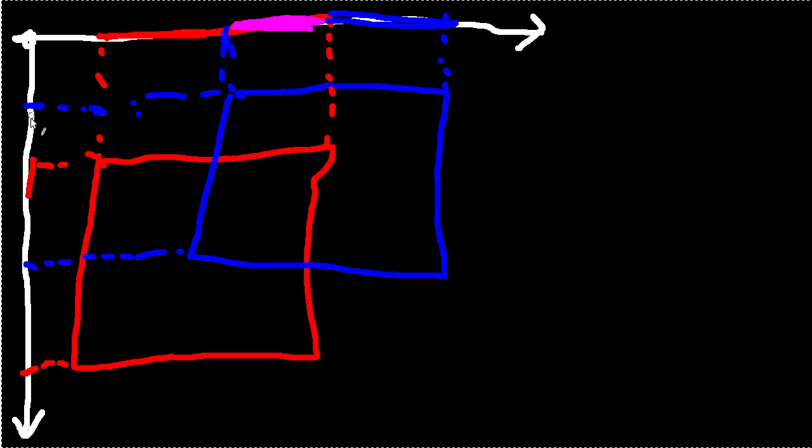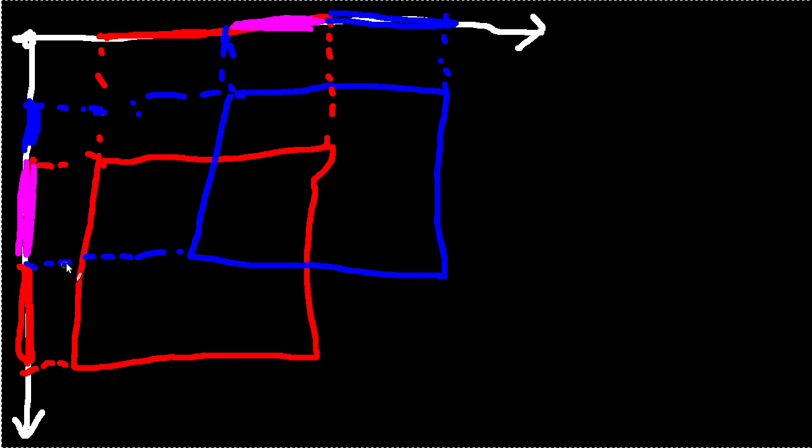That's the blue region. This is blue. This is red. And they combine to make magenta. Those overlap here. So with collision detection, you need an overlap on the X, and you need an overlap on the Y.